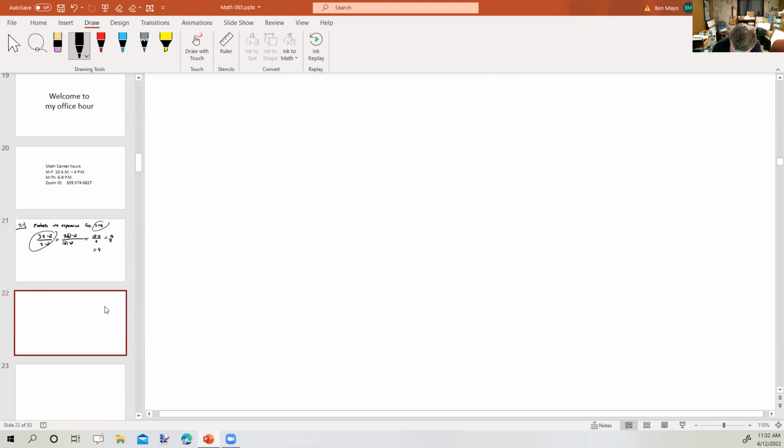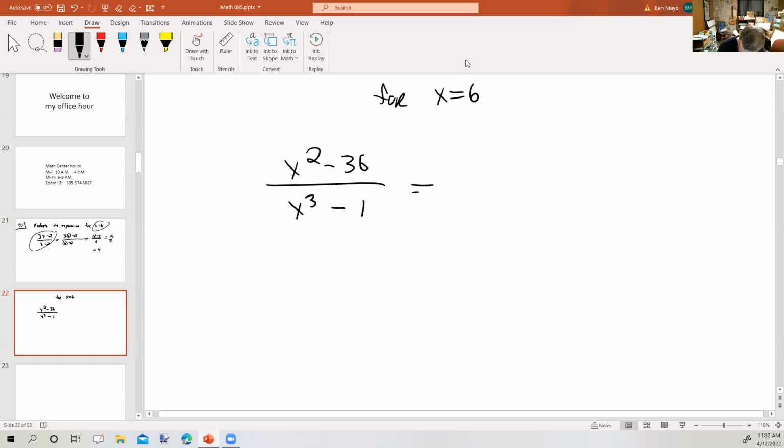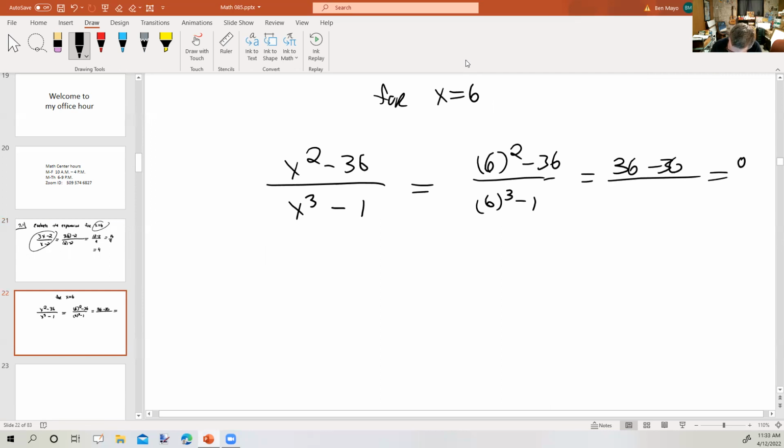Same thing, evaluate the expression for x equals 6, only now this is the expression, (x squared minus 36) over (x cubed minus 1). So we've got 6 squared minus 36 over 6 cubed minus 1. Well, 6 squared is 36. So in the numerator, we've got 36 minus 36, which is 0.